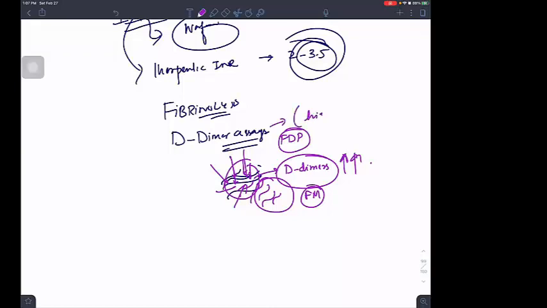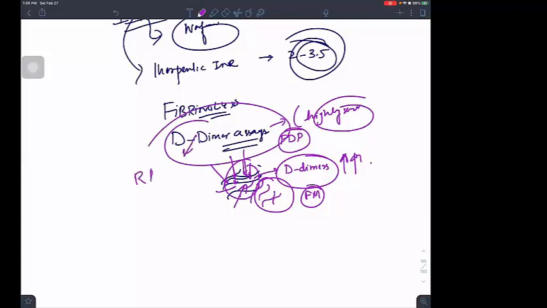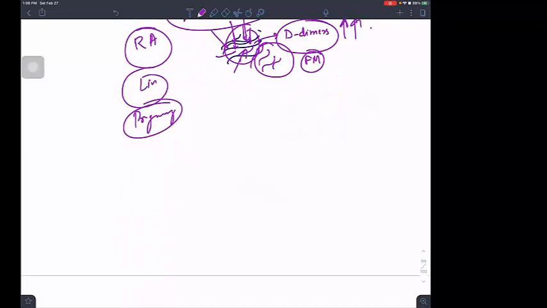This is a highly sensitive test, but it is not specific. It is not that clotting is happening. This can be increased also in rheumatoid arthritis. It can also be increased in any sort of liver dysfunction or liver disease, in pregnancy, and in any sort of malignancy.